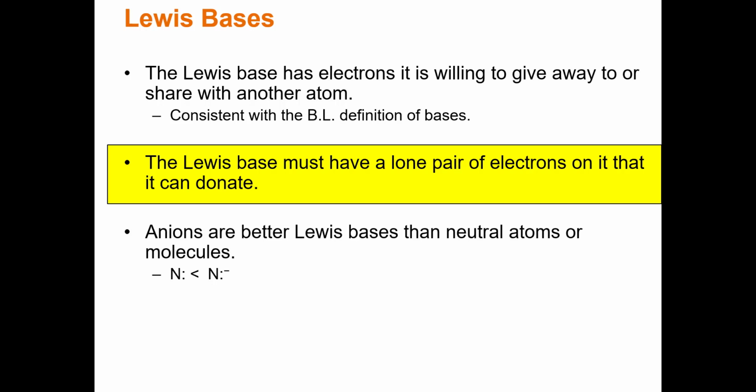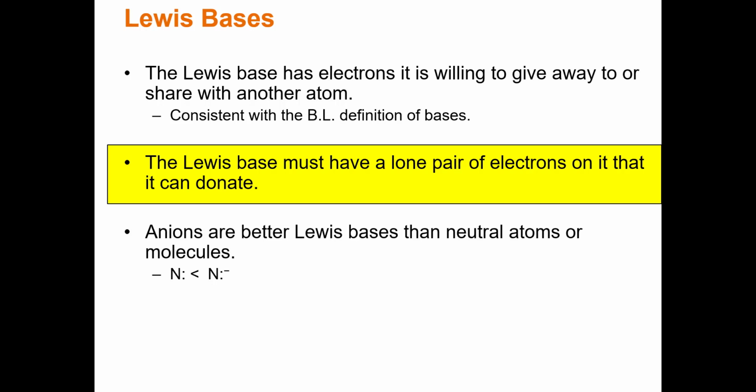Well, it can only do that with electrons. So this is very consistent with that theory. So we're not really changing a lot for the base when we look at Lewis theory. We can specify, though, with this definition that we must have a lone pair of electrons somewhere, and that those electrons are then what is being donated.